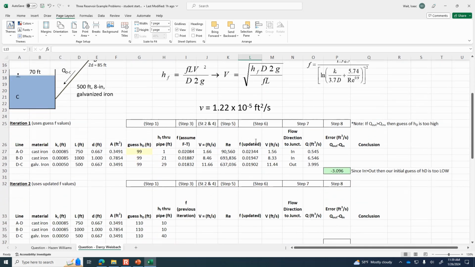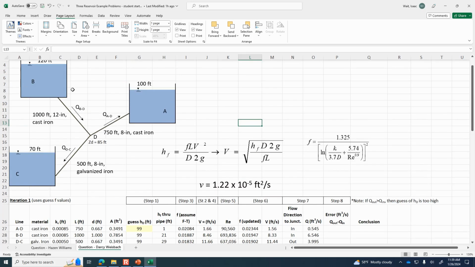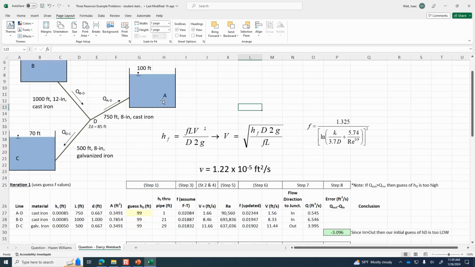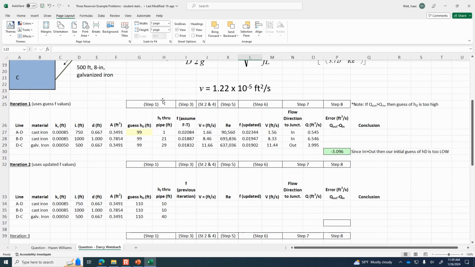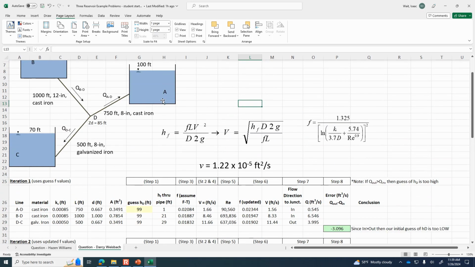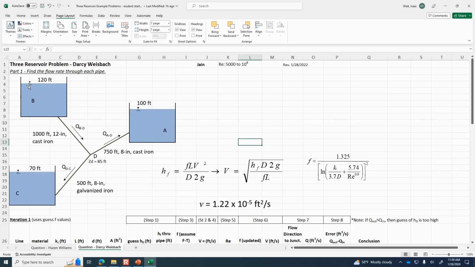But if the head at D is 110, then the water's going to go from D to A. So the head loss is from B towards D, and then from D towards A.